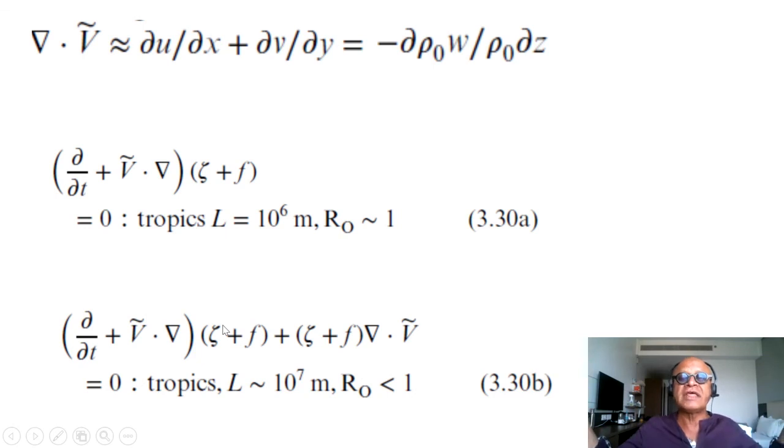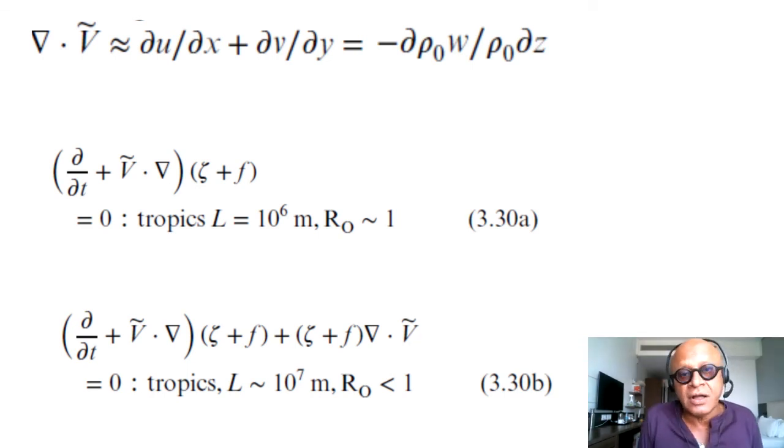They are order 10,000 kilometers, not 1,000 kilometers, and there they are able to produce and store potential energy and so on, and they are going to have a balance that is very similar to the extratropics, and there the Rossby number is less than 1 at those scales. Then it becomes easier to explain the tropical dynamics and the tropical motions.